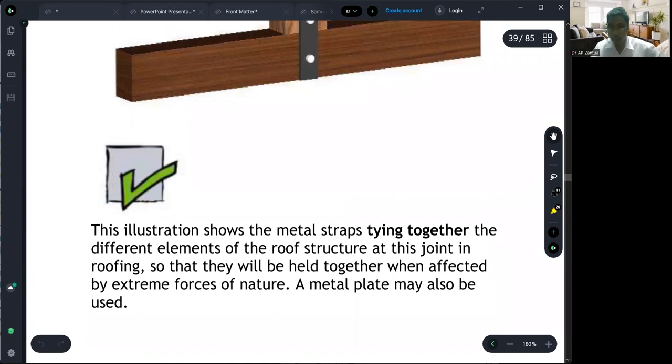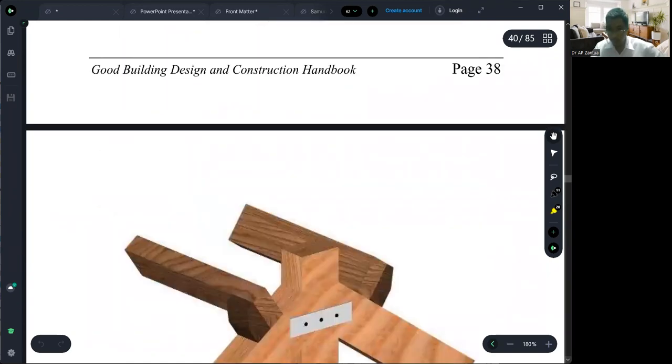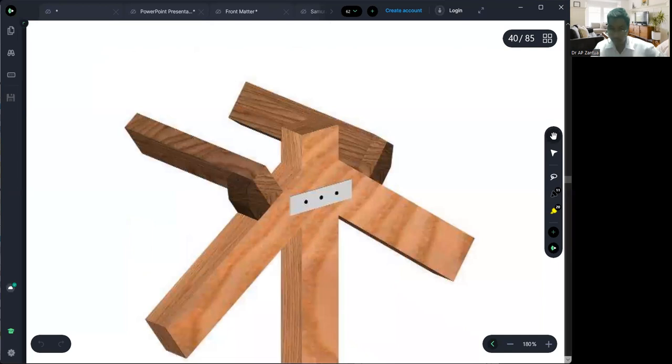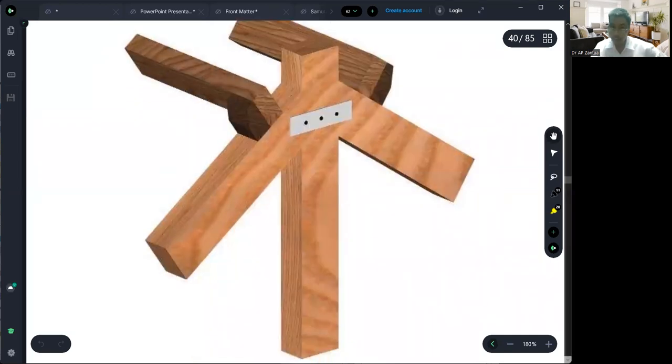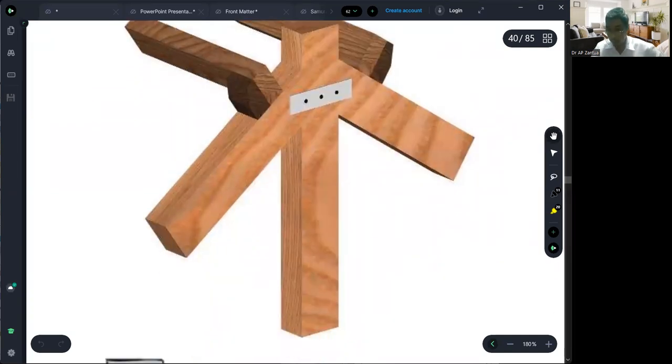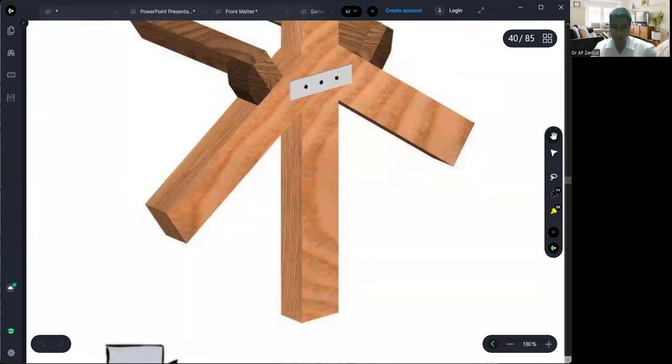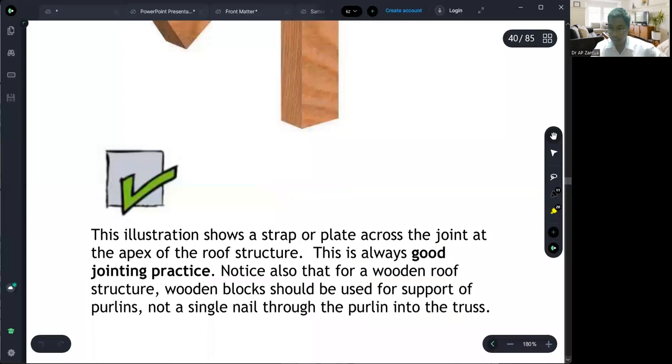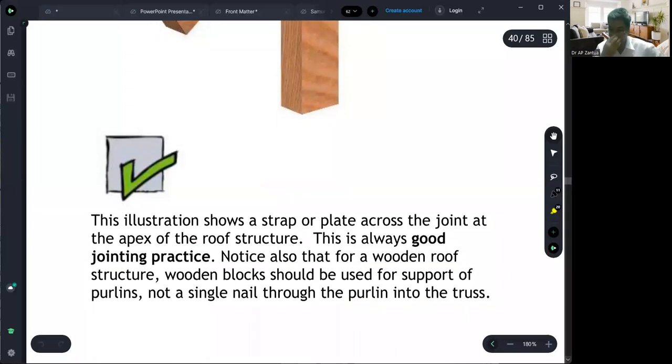In this case, wooden roof trusses, but we have a steel brace bracket, a steel plate, and this steel plate must have a connection to the concrete structural frame.